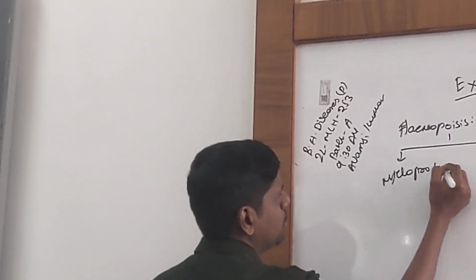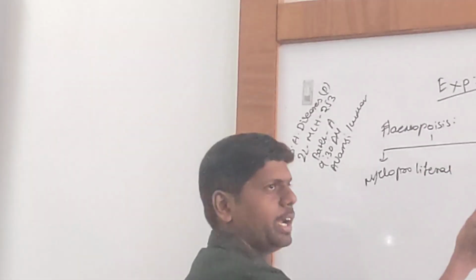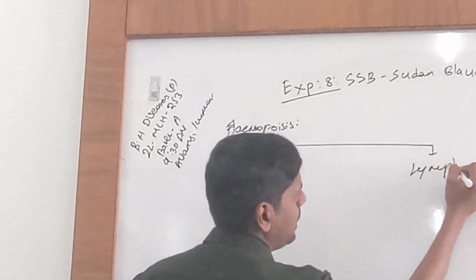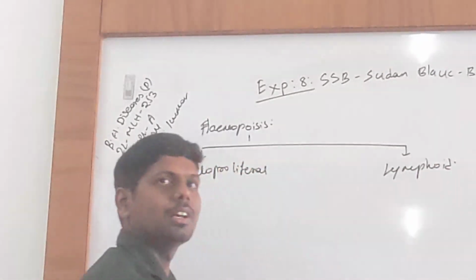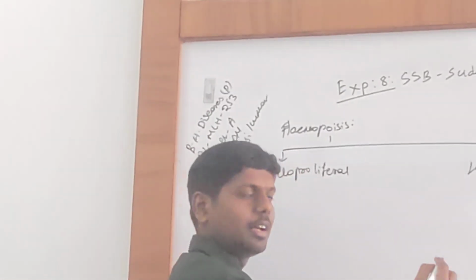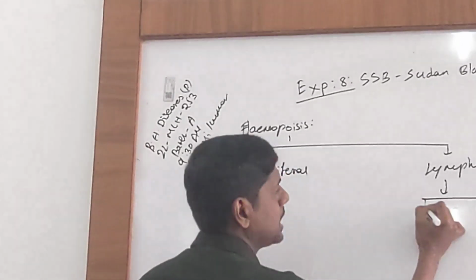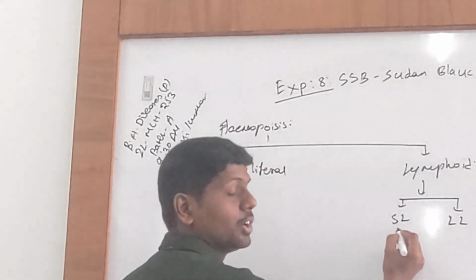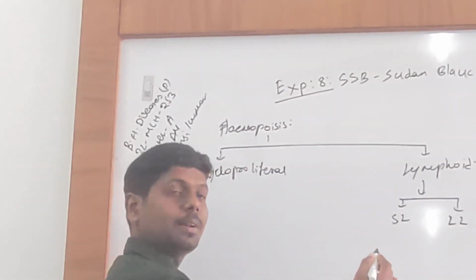Myeloid lineage and lymphoid lineage. The lymphoid lineage will produce lymphocytes, right? There are two types of lymphocytes. What are those? Small lymphocytes and large lymphocytes. Can you tell me the types of small lymphocytes?